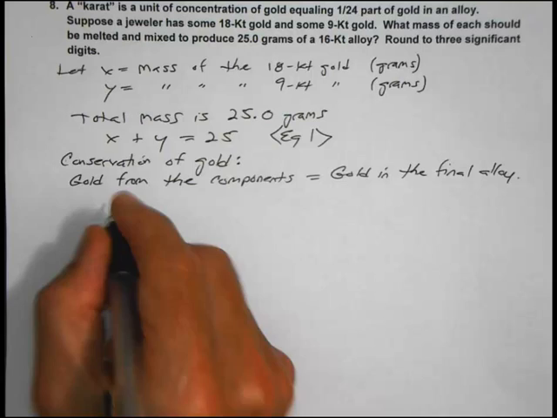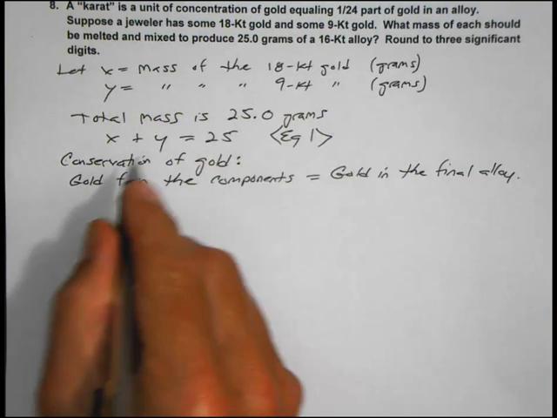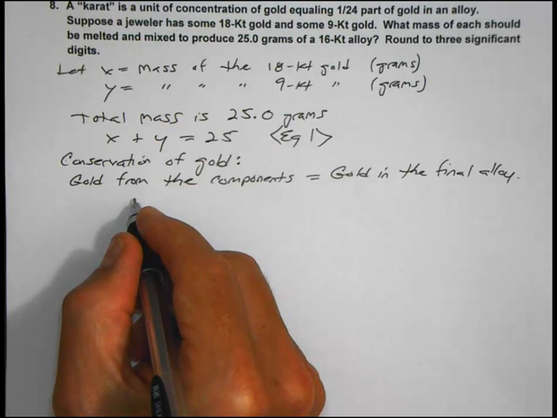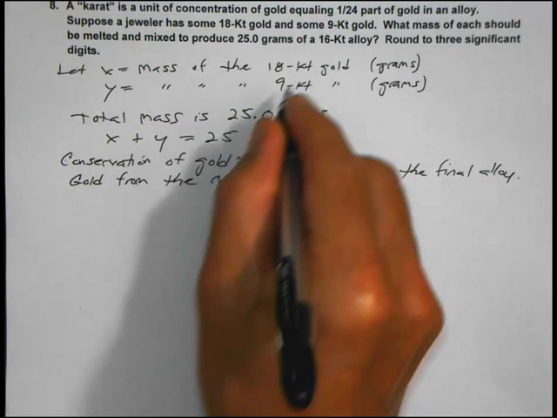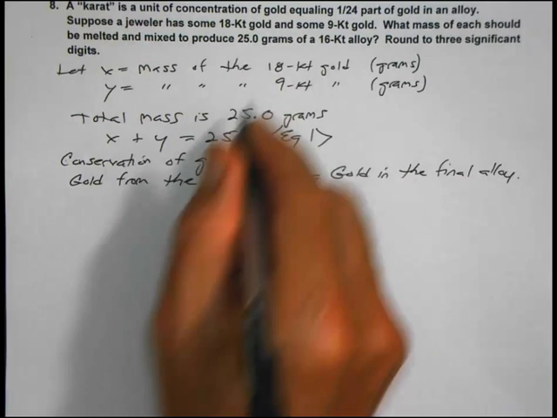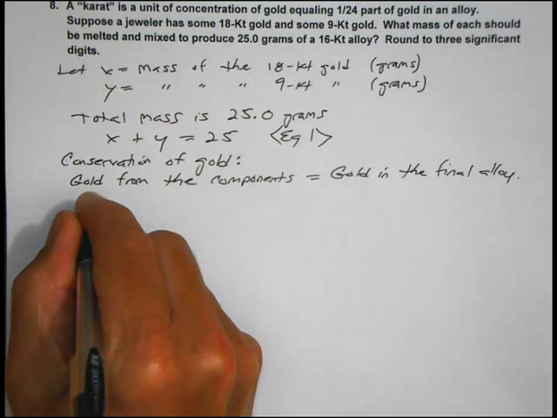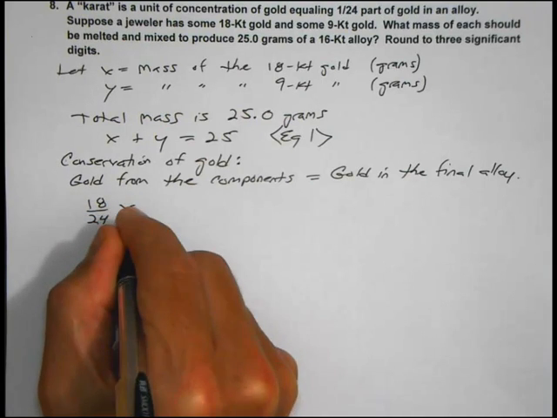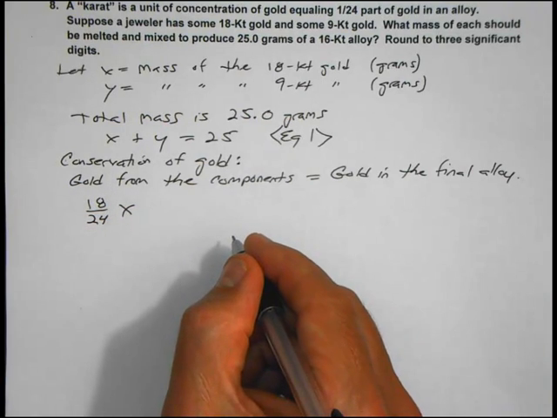Well, x is our mass of the 18-karat gold. Now, the concentration of gold within that x mass is 18 divided by 24. Okay, so we could have concentration 18 over 24 times the mass of the alloy.